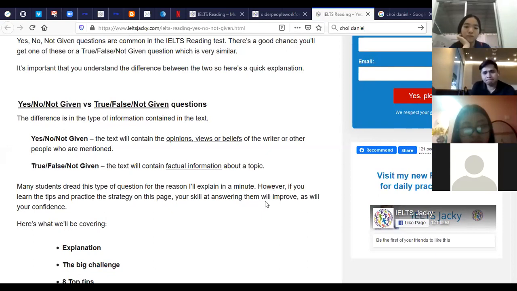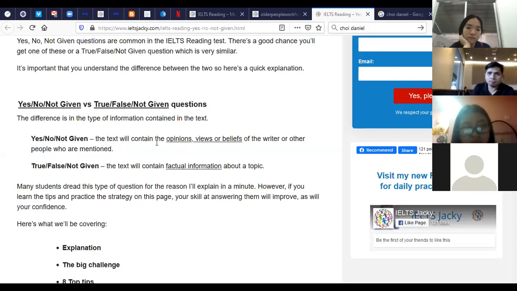True means the sentence has the exact same meaning as our passage. False has the opposite meaning, and not given means there's nothing mentioned in the text. But for yes, no, not given, mostly the text will contain the opinions, views, or beliefs of the writer or other people who are mentioned.